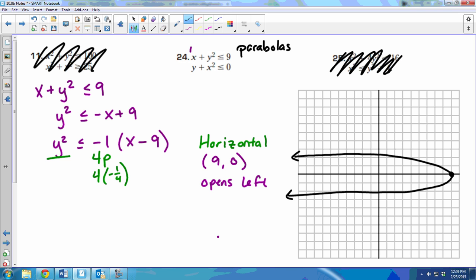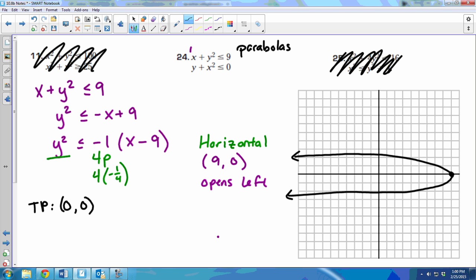Okay? Can I use 0, 0 as a test point? Yeah. So let's do that. You cannot use the vertex because it's on the parabola, so that's going to get confusing. But if it's a circle, you can use the center because it's inside. So I'm using 0, 0 because it's inside this parabola.